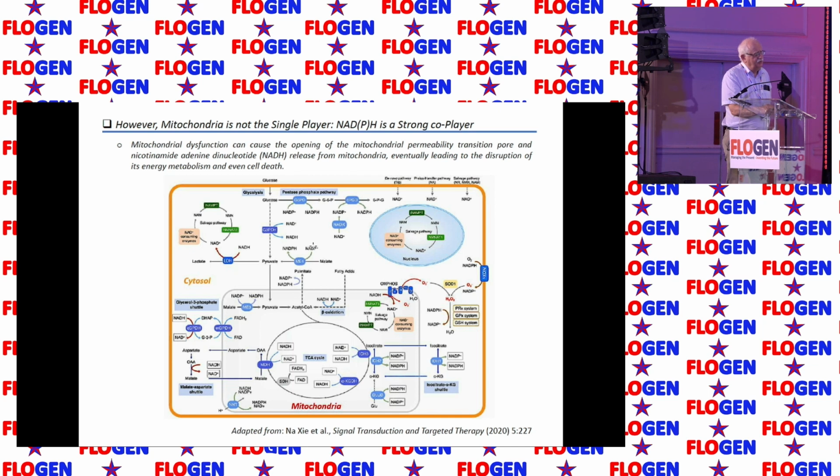So the problem is to know, when a cell is dying from oxidative stress, you have a rise of NADH, and at the same time you have the reactive oxygen species. And who is first? It is the problem of the chicken and the egg.